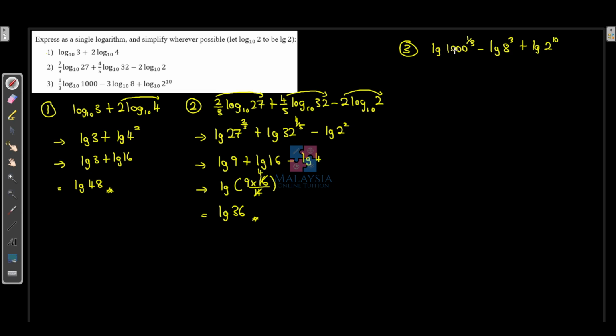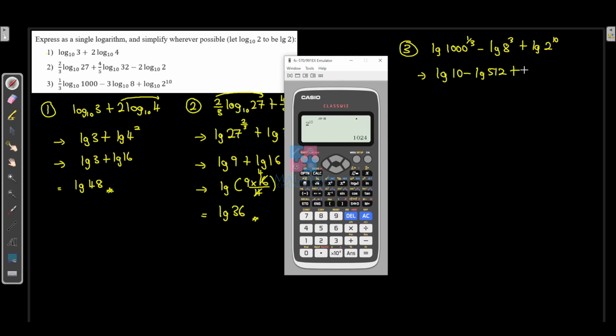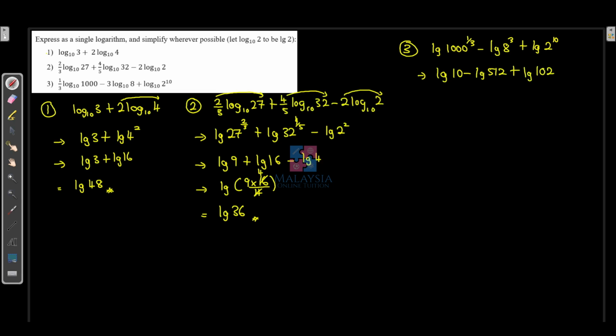So cube root of 1000 is going to be 10. So you can write log 10 minus log of 512. And then 2 to the power of 10, let's calculate what that is. 2 to the power of 10 is going to be 1024. So log 1024.